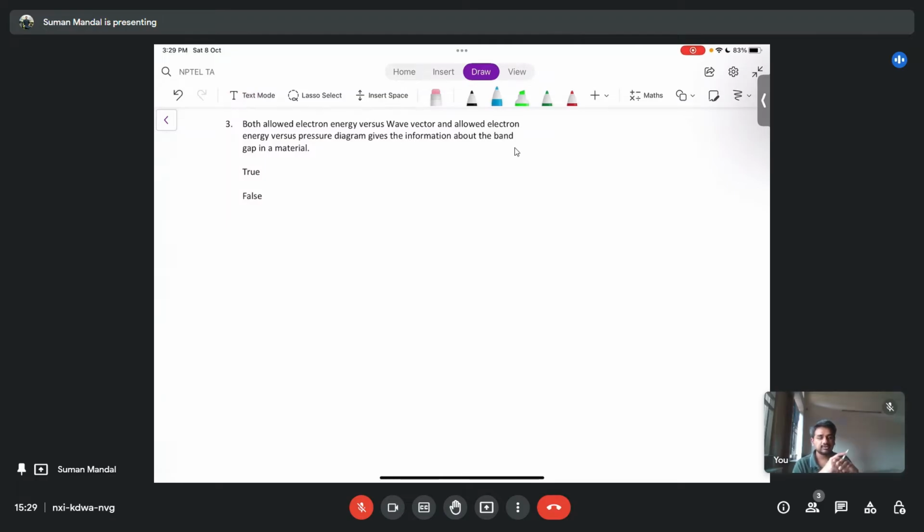So this is the third question. Both allowed electron energy versus wave vector and allowed electron energy versus momentum diagram give the information about the band gap in a material.